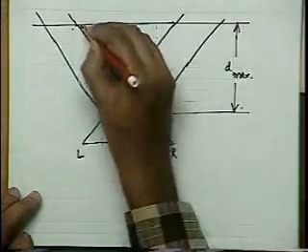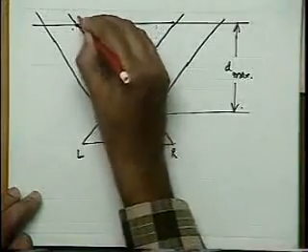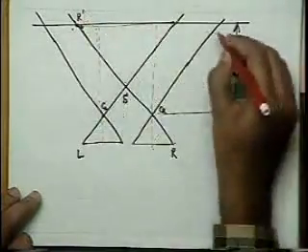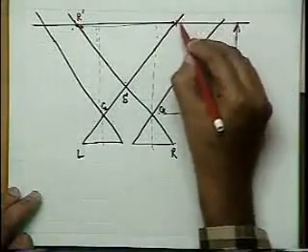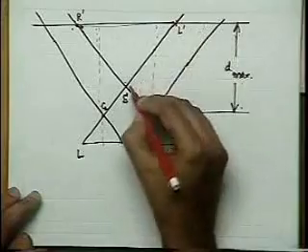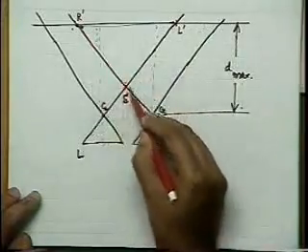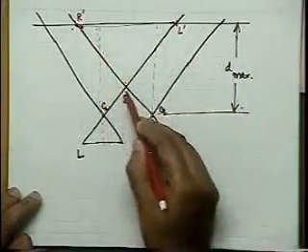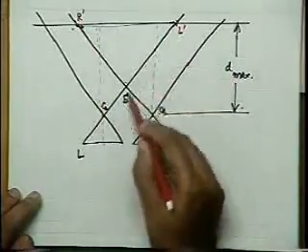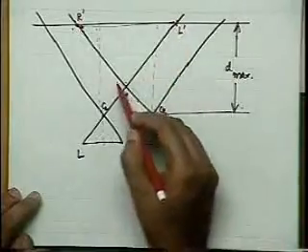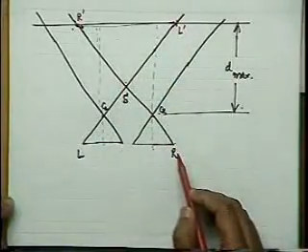Now, if we take this point to be R prime and this point to be L prime, and this is already S, then if the point P lies within this zone R prime, L prime, S, only then will it be visible to both the cameras.